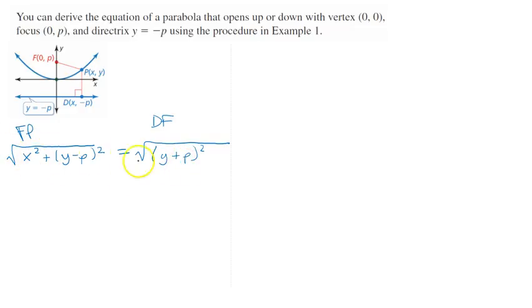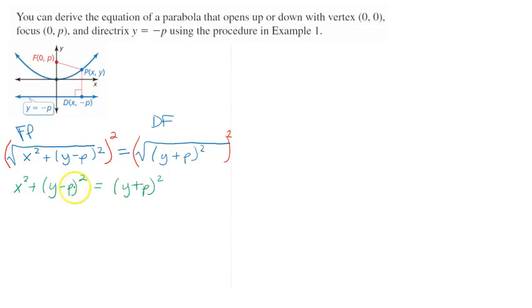And then we've got square roots on both sides, so if we square both sides, the inside of this radical equals the inside of that radical. So x squared plus the quantity y minus p squared equals the quantity y plus p squared.